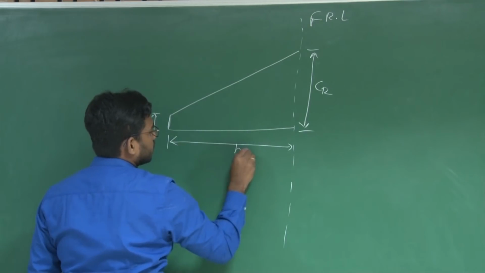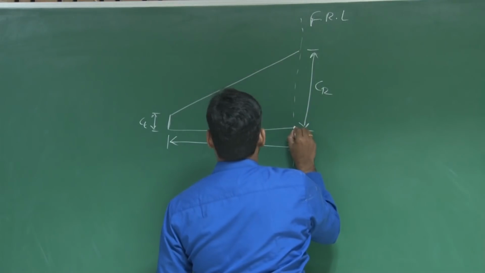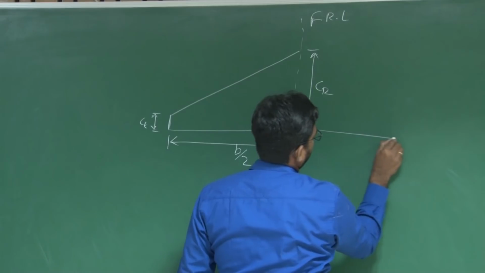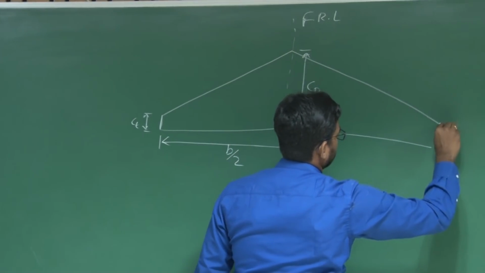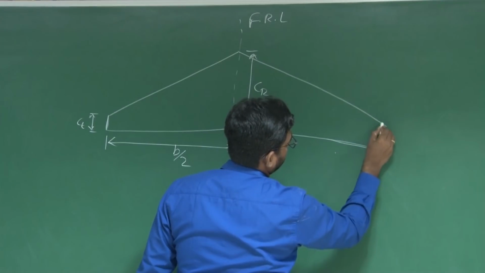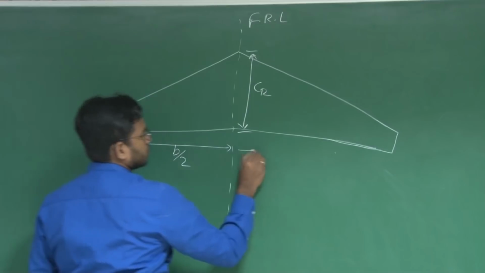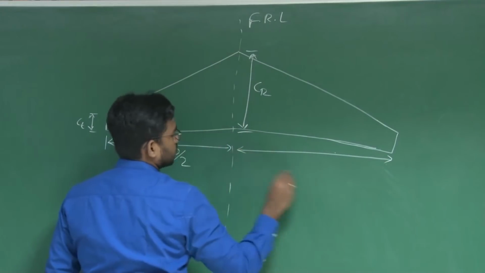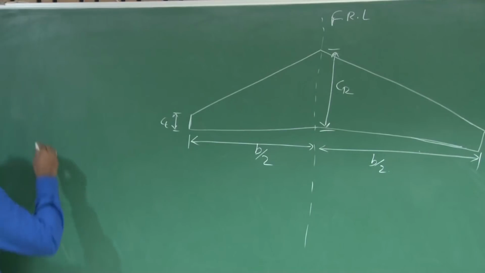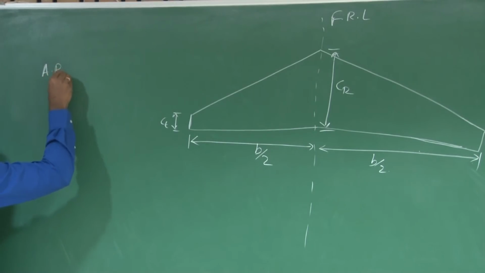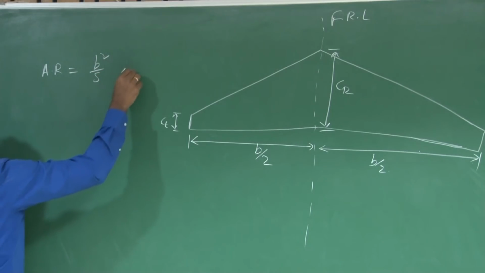And this is B by 2, which is the semi-span. We have defined some non-dimensional parameters called aspect ratio, which is B square by S, where S is the wing planform area.